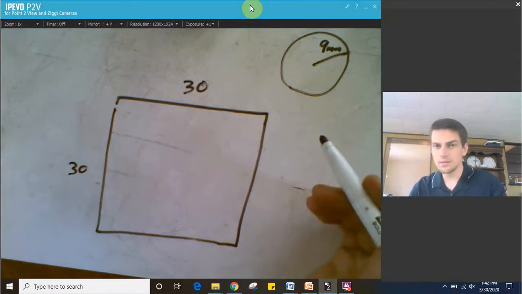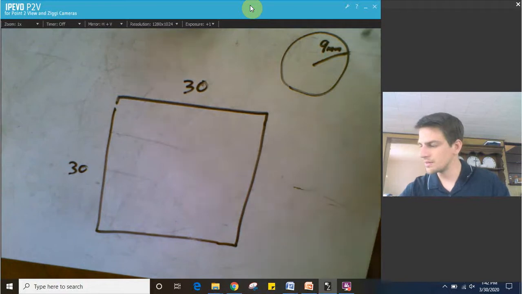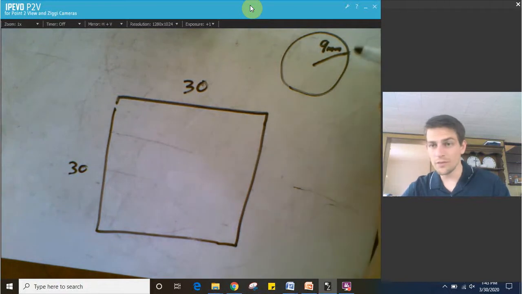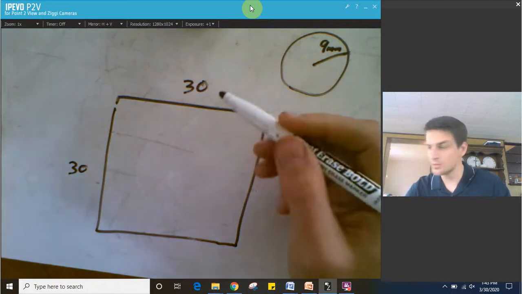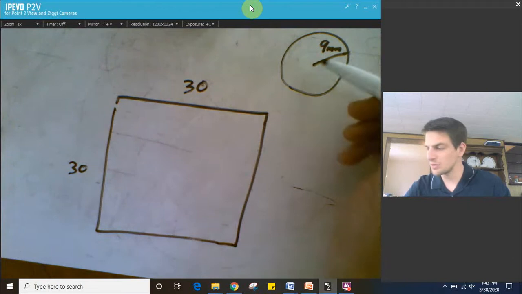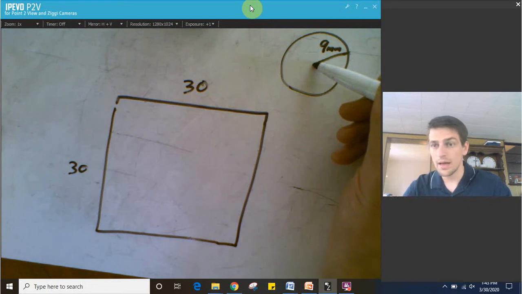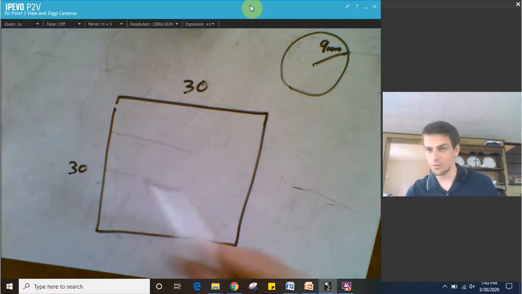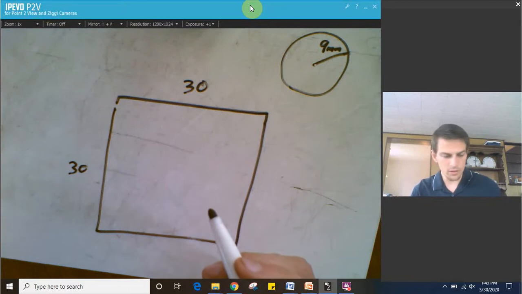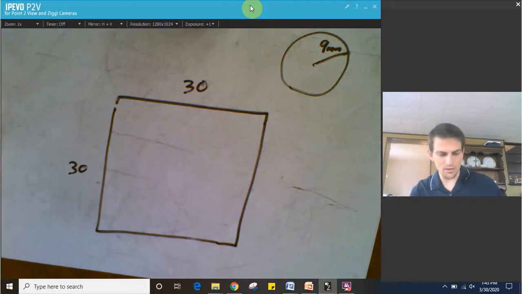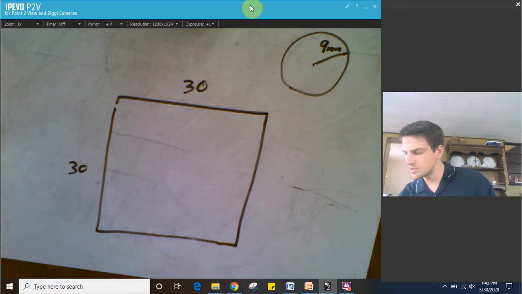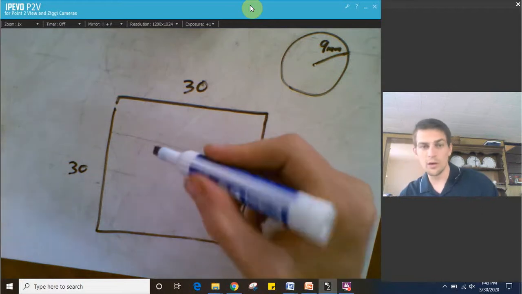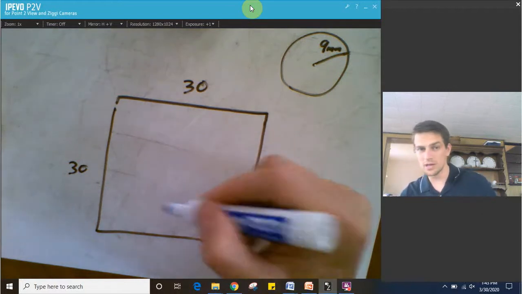If it's touching a line, the center would be 9 millimeters or less away from the edge of the grid. So we could think in terms of all the spaces where the center of the coin could land where it wouldn't touch any of the sides.